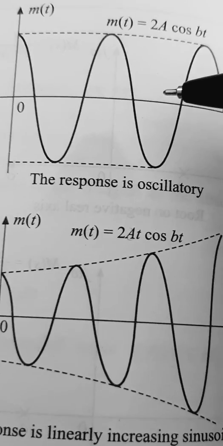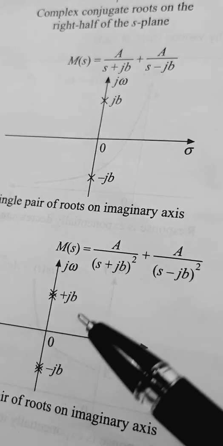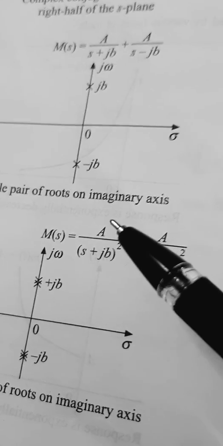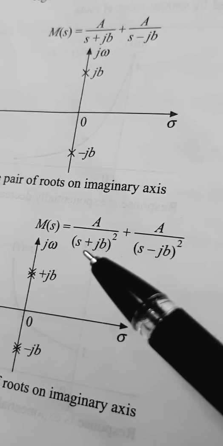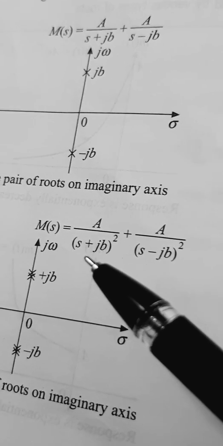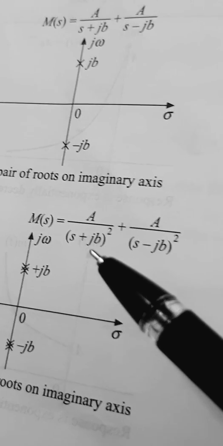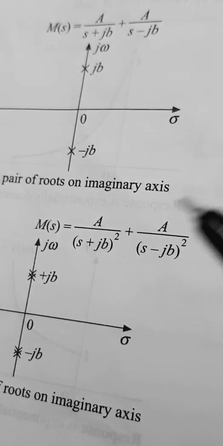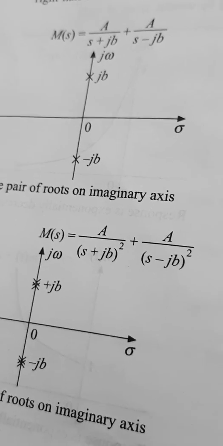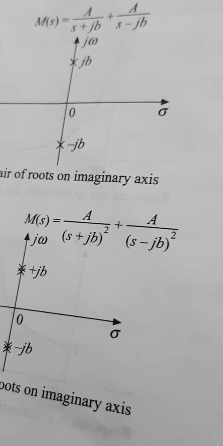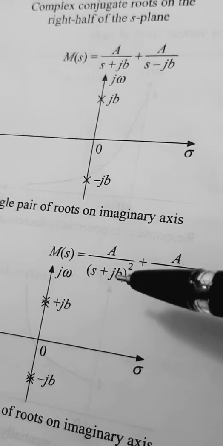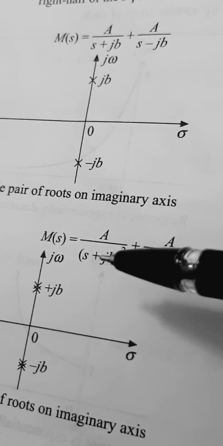We already discussed. But suppose this is the case, here you can see s plus jb all square and s minus jb all square. So this can be written as s plus jb into s plus jb.